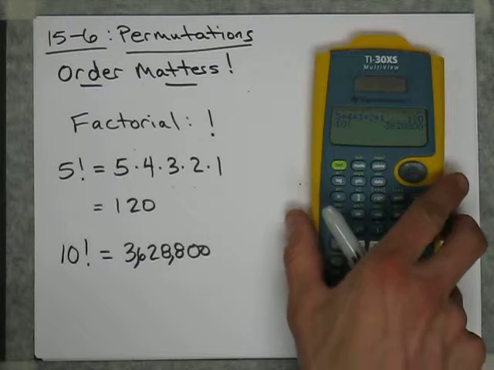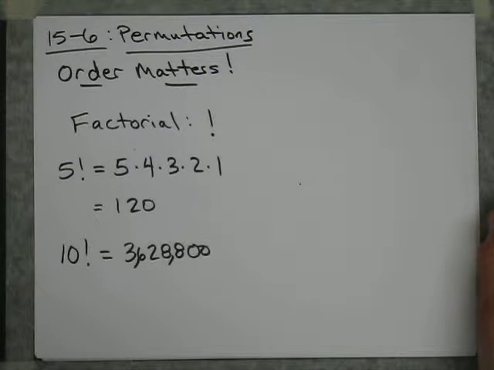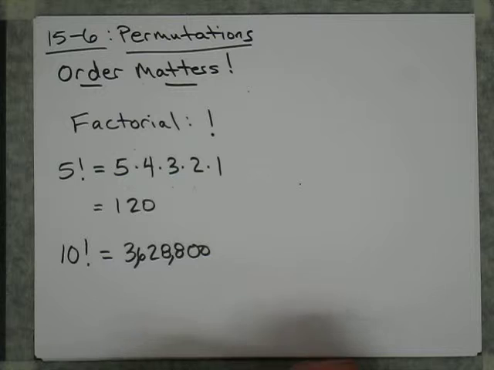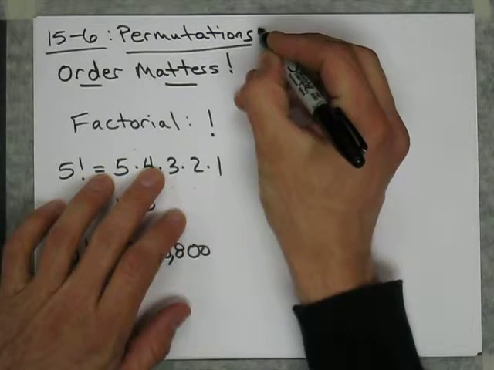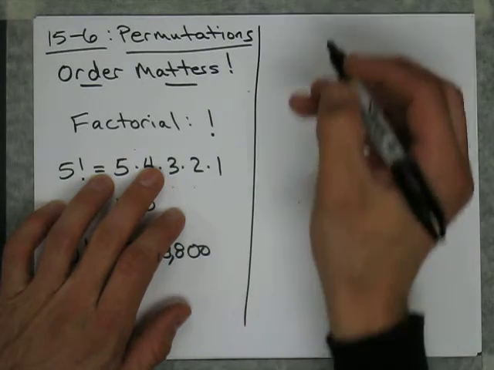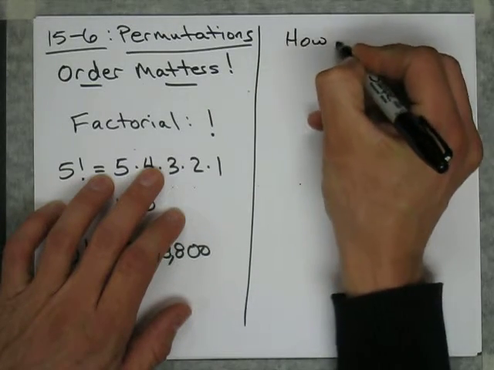Now a permutation, you can think of it this way: if order matters, let's think of an example. How many different ways can you rearrange the letters of John?